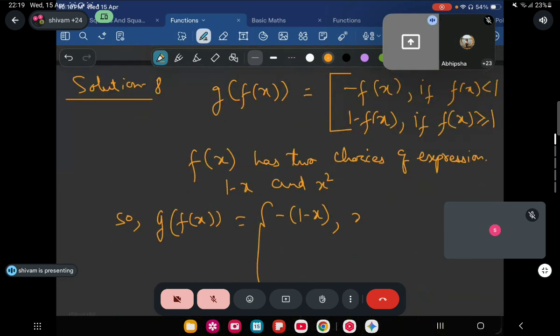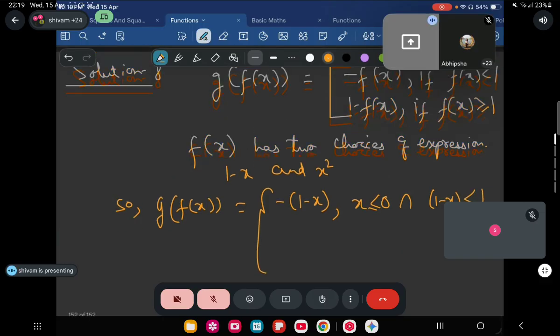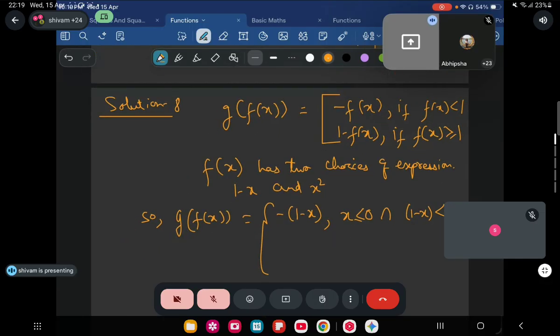If x is less than or equal to 0, and f of x means 1 minus x, 1 minus x is less than 1. Are you getting it? Both the things should happen. Yes, sir. Next, after that, we can substitute x square, that is minus x square, when x is greater than 0.